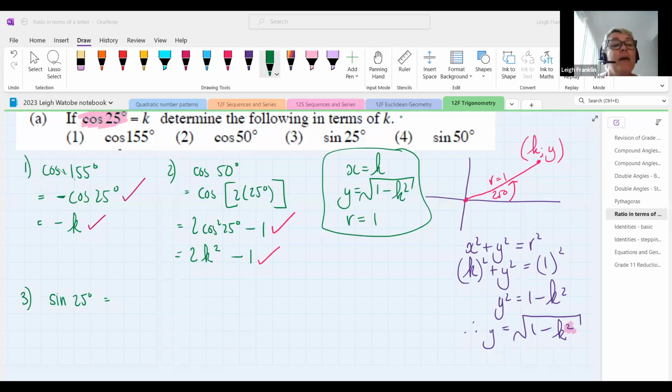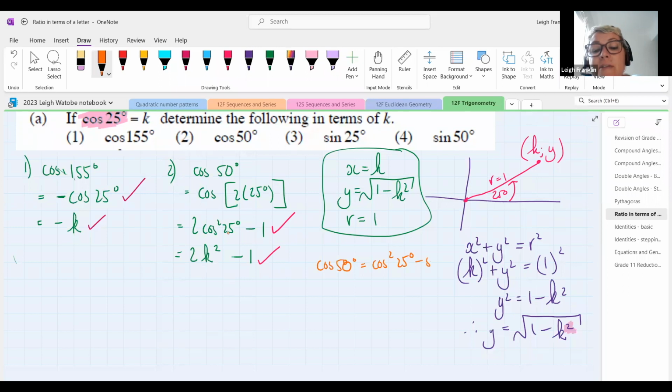Before I go on to question number 3, I'll show you very quickly. If you did cos 50 equal to cos squared 25 minus sine squared 25, you get exactly the same thing. Cos 25 is k, so that would be k squared minus sine squared 25.